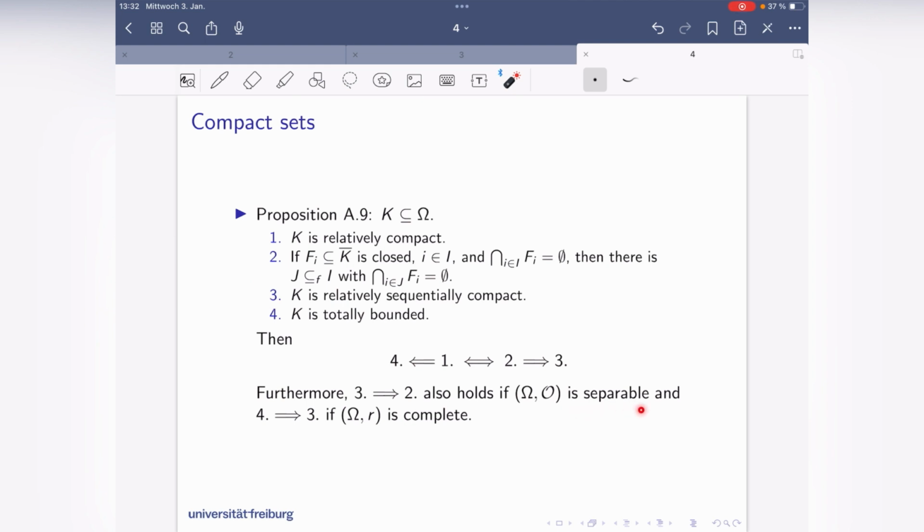But if it's separable, you also come from relatively sequentially compact to compact. Okay, and that's the first thing. And totally bounded means relatively sequentially compact, which if separable means also relatively compact. So in a complete and separable space, you have that totally bounded is the same as relatively compact.